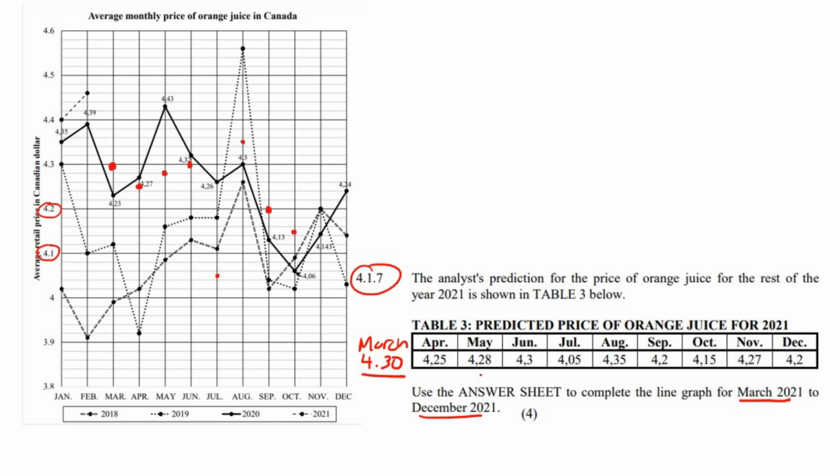And then November, 4.27. So 4.27 is going to be between 4.26, which is this line over here, and 4.28. So it would be in between, so it would be there. Okay, that is November. And then December is 4.2, so it's there.